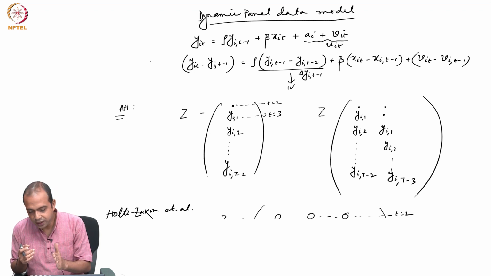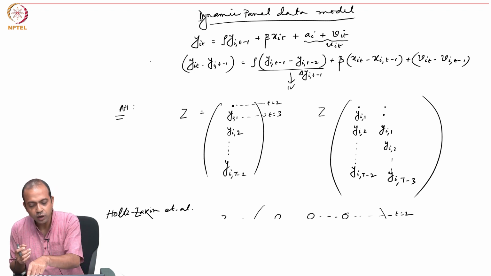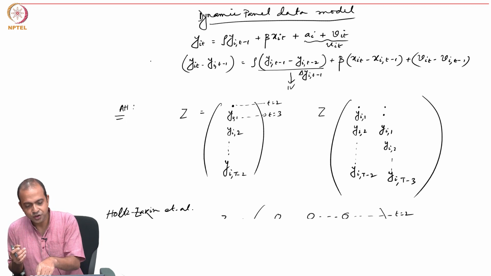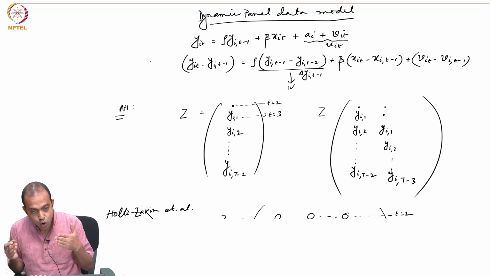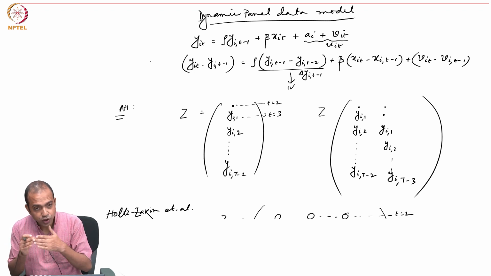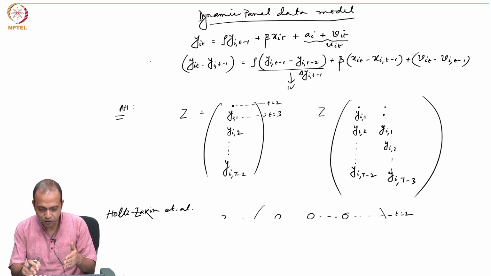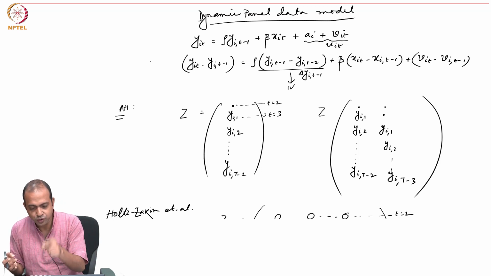And then we say that we have one individual specific unobserved effect on the right hand side, and then we have also mentioned that we have autocorrelation of order 1 in the system, because that is by the construction of the model. The moment you introduce a lagged dependent variable, it will result in autocorrelation.